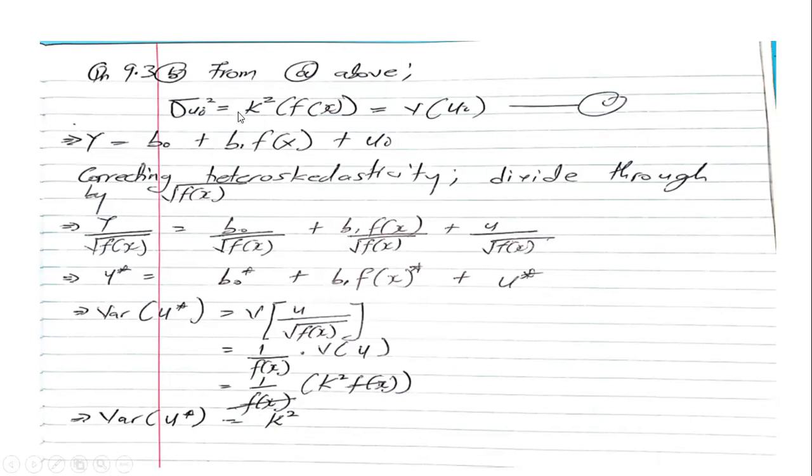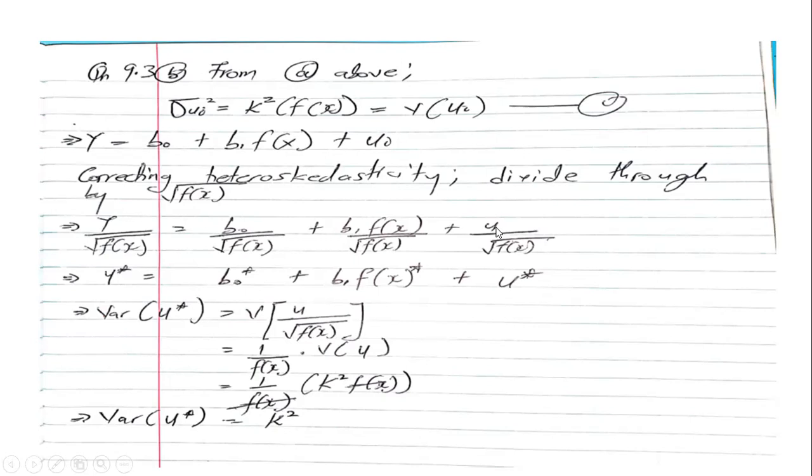And from this equation, we end up getting this as our regression model, in the form y equals b naught plus b1 fx plus ui. So if I want to correct the heteroscedasticity, I would have to divide through by the square root of fx. So when I divide through by the square root of fx, this is what I have here.